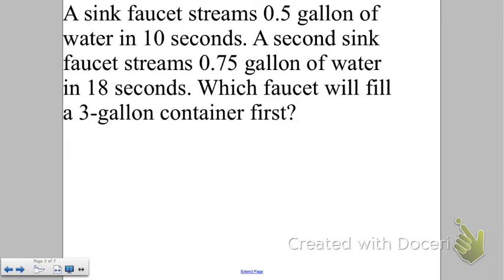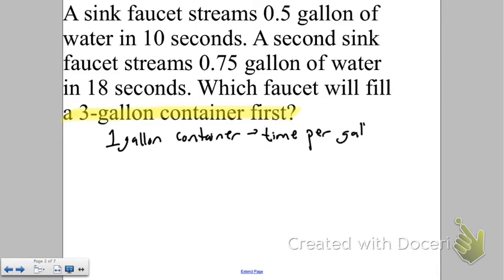The question is asking which will fill a 3-gallon container first. If I need to know which will fill a 3-gallon container first, I should determine how fast it can fill a 1-gallon container. So that means I am looking for the time per gallon.